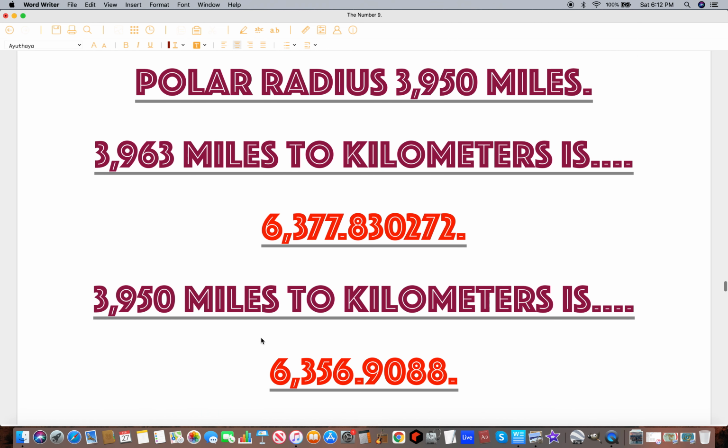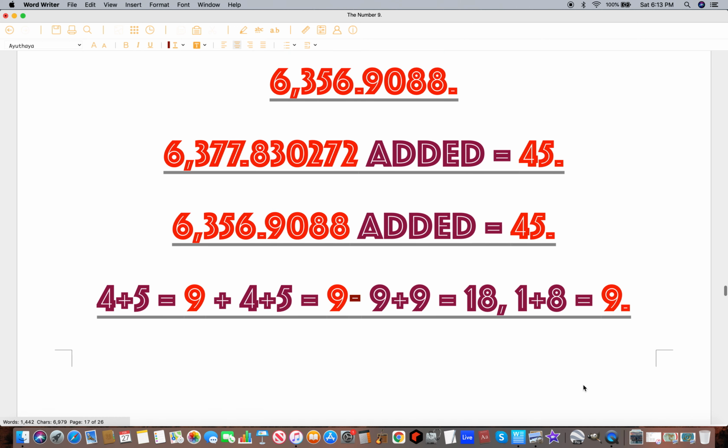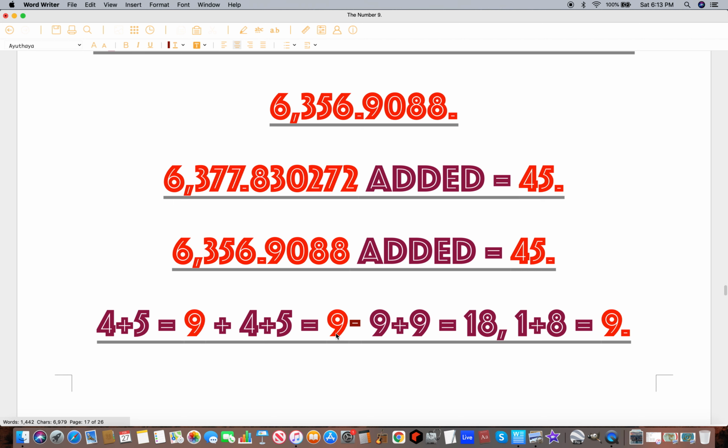And its polar radius from miles to kilometers is 6,356.9088, okay? So add both of them together. Add the globe Earth's equatorial radius together as kilometers, and you will get 45. And do the same with its polar radius in kilometers, and you will get 45. So add all that together, and it'll come to 9.